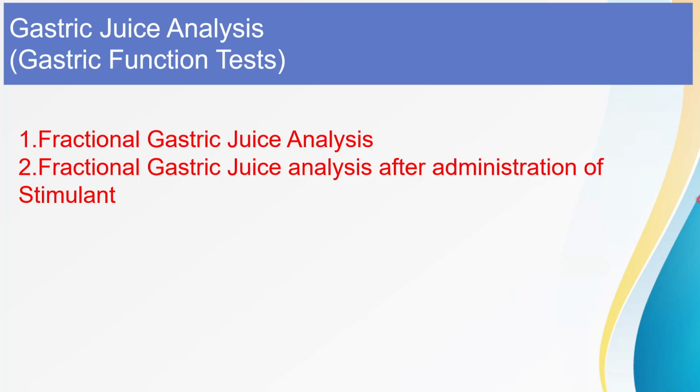Fractional gastric juice analysis means we are going to test the gastric juice after giving a test meal. The test meal will be either two slices of bread, that is the Ewald test meal, or in the case of a stimulant, alcohol, caffeine, insulin, or pentagastrin can act as a stimulant to secrete the gastric juice.